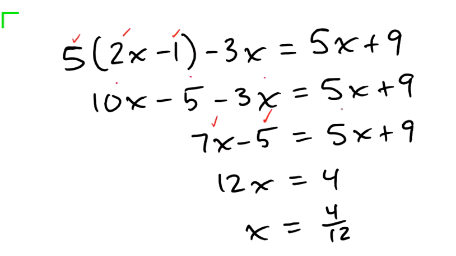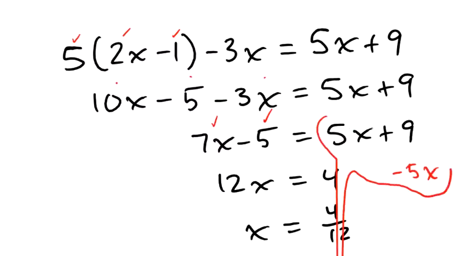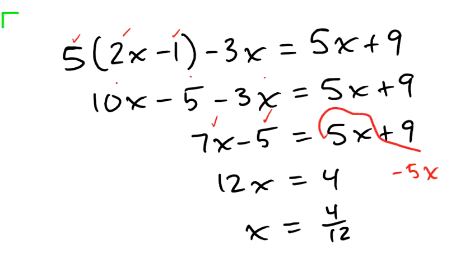Oh, I see what I've done. I've added, that's what I've done. I've added 5x to the left-hand side, and I subtracted 5x from the right-hand side. So you can see, if I was to take away 5x from this side, it would cancel with this one. Oops. It would cancel with this one.